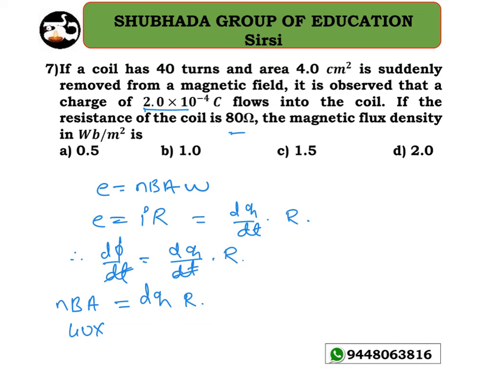That is what we need to calculate here, Weber per meter square. B into area of the cross section is 4 centimeter square, 4 into 10 to the power of minus 4.